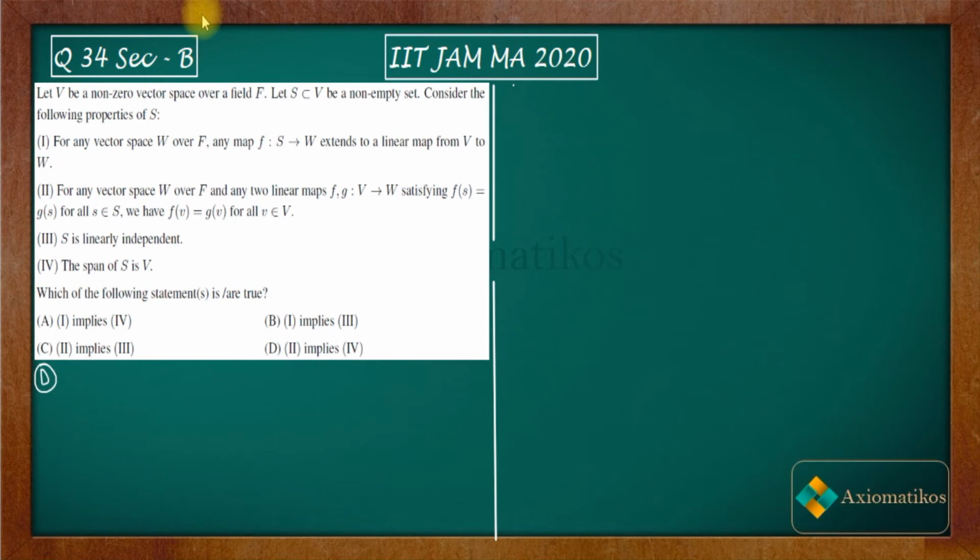In the D part, it is saying that the second option will imply the fourth one.